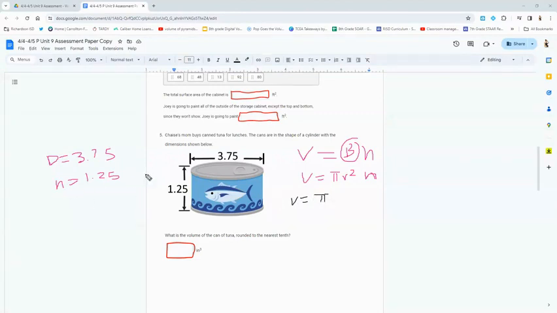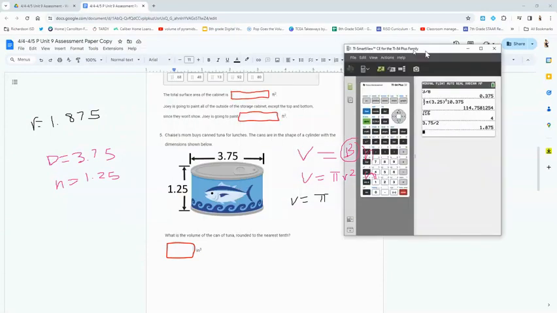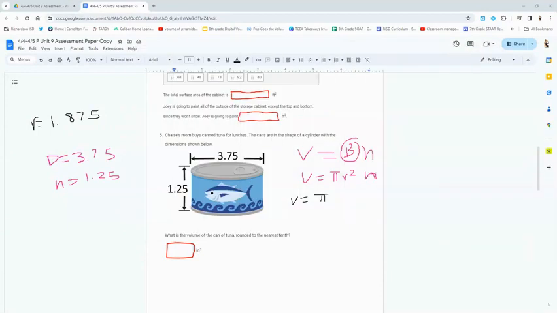My radius, I don't have my radius, so I have to find that. I've got to get half of 3.75. So I'm going to take 3.75 divided by 2, and I know my radius is going to be 1.875. So I'm going to put that R equals 1.875.